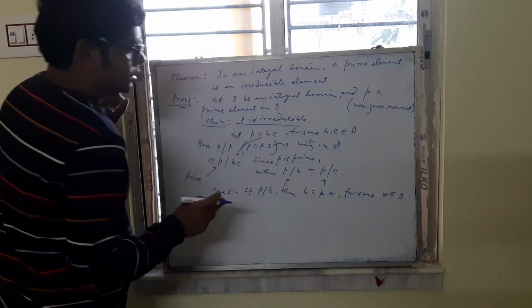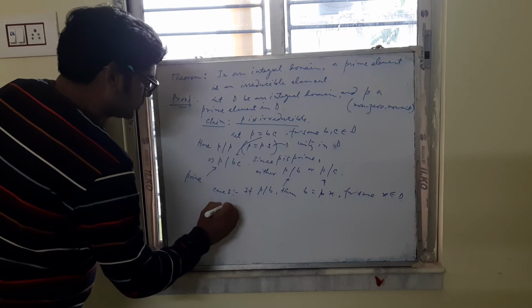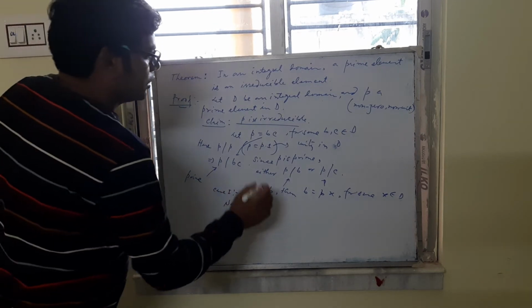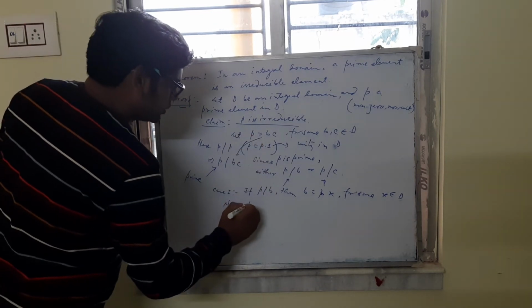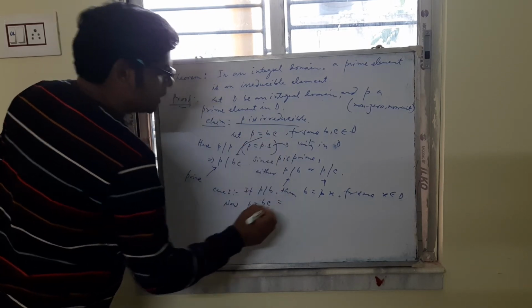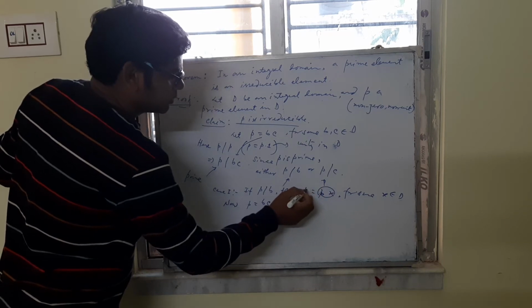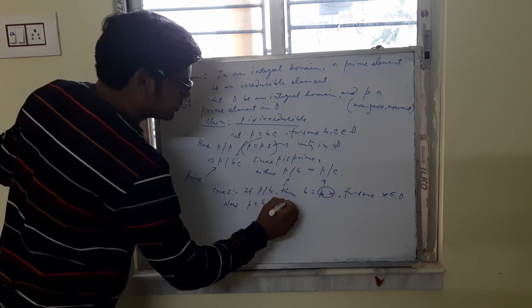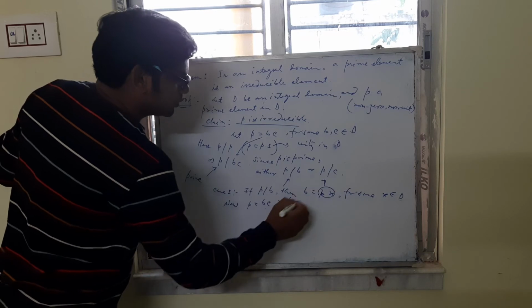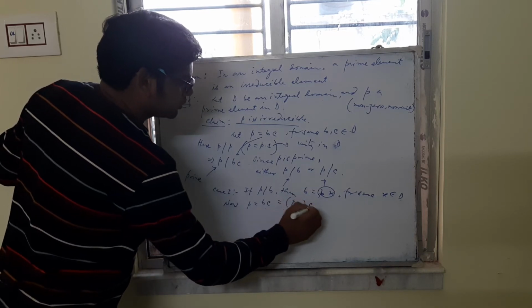Now we use these two relations. We write P is equal to BC, and we put PX in place of B on the right. So we get PXC.